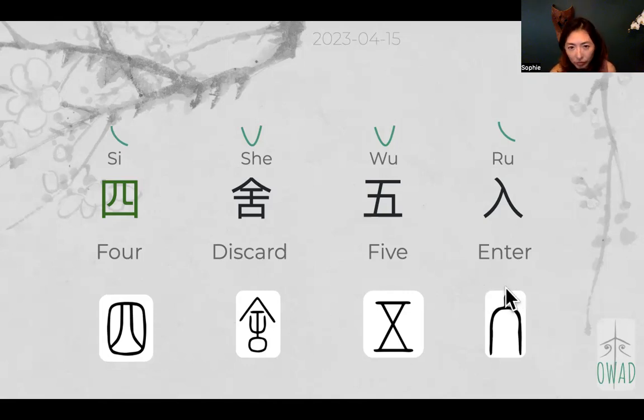Okay, 入. Isn't it interesting that when we say 四舍, give up, number 4. If it's a 4 or smaller, less than 4, we discard. But when it's 5 and above, they enter. We use enter. We don't use keep. We didn't say 四舍五留, but we say 四舍五入. I find that an interesting language phenomenon, that we use 入 to enter. Because basically you're going to bump the digit up into the next position.